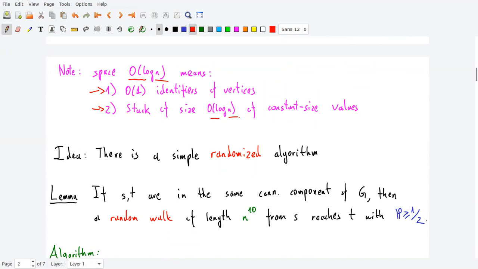So these are two main things that you can store in logarithmic space, and we will use sort of both of them. Okay, so let's first give some ideas on why this should be actually achievable. So first of all, there's a very easy randomized algorithm working in logarithmic space.